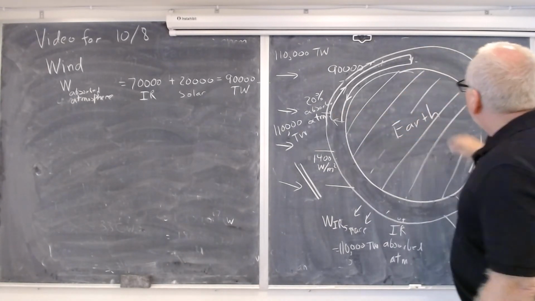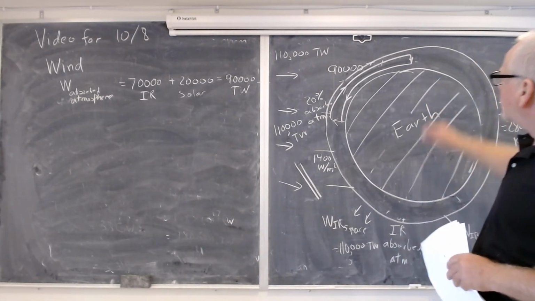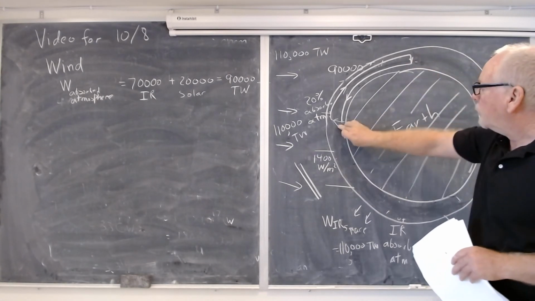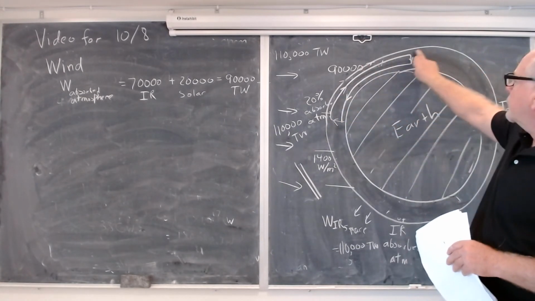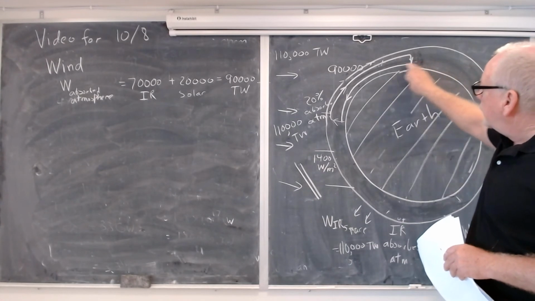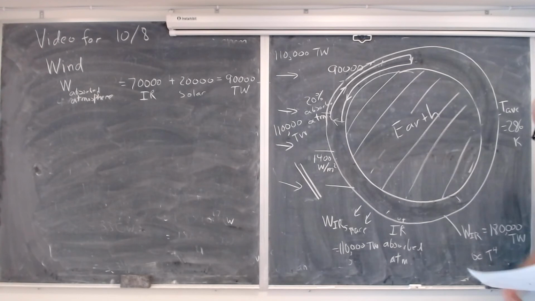I could draw the other quadrants here, but basically, air would tend to rise near the equator and flow north along the outer atmosphere, and then fall at the poles and flow south near the Earth's surface. So if the Earth were not rotating, the wind would always go south, at least in the northern hemisphere. In the southern hemisphere, it would always go north.